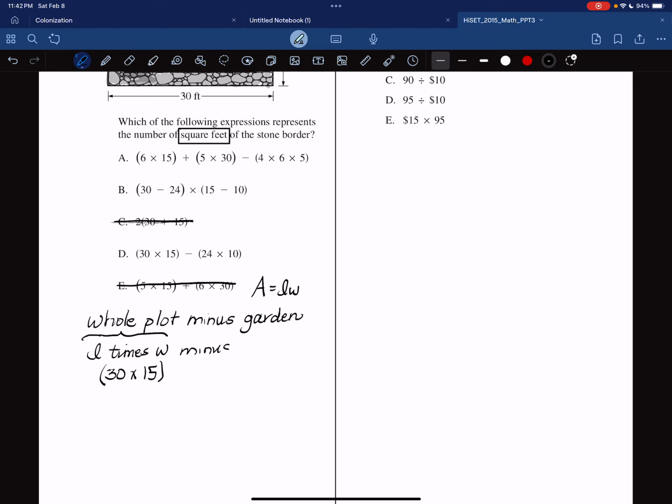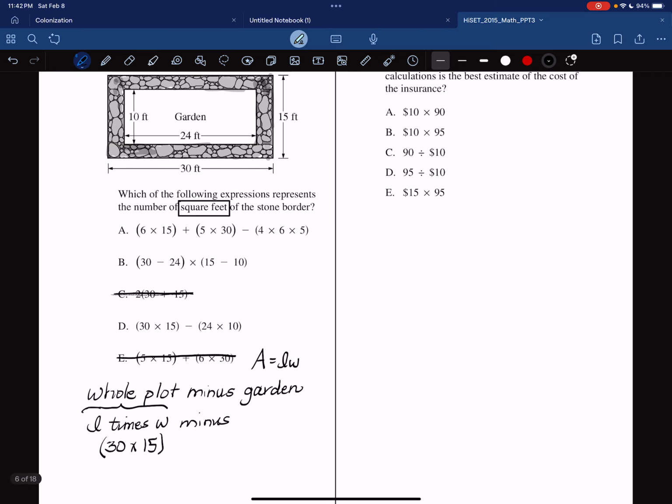Minus the garden itself, that white area inside, that is 10 by 24. So do we see something that looks like this? And I sure do. It's D as in Delta, looks exactly like what we have here.